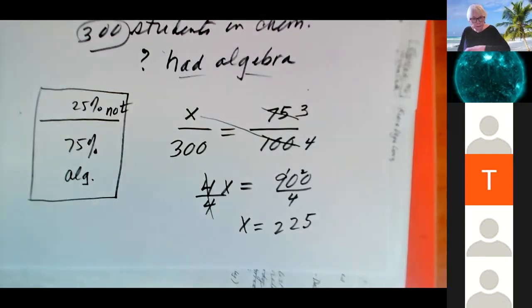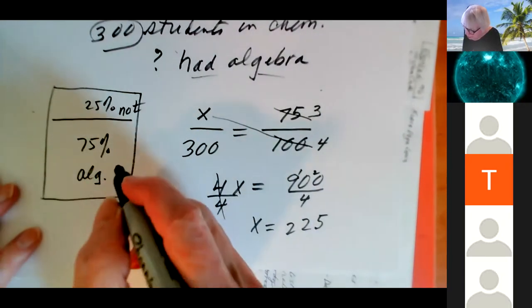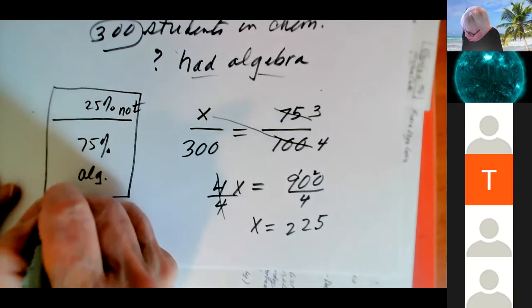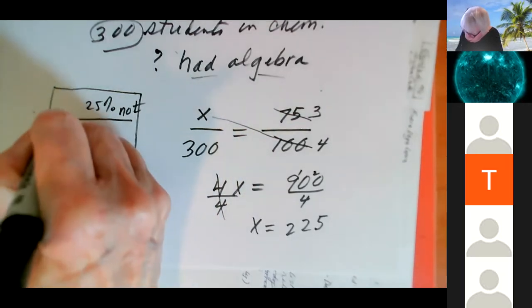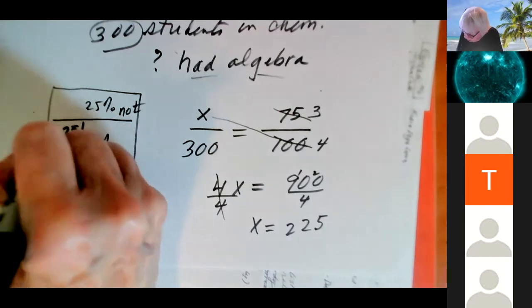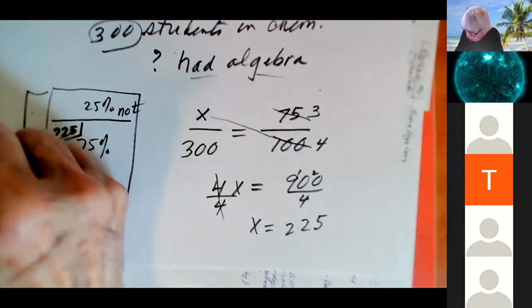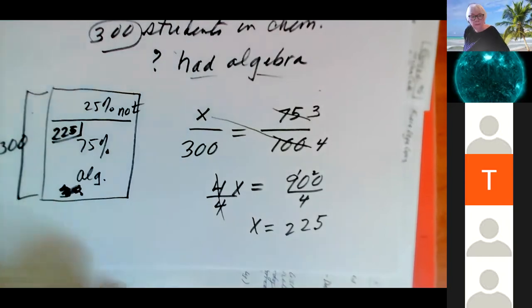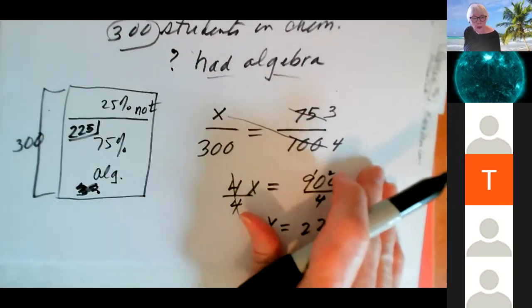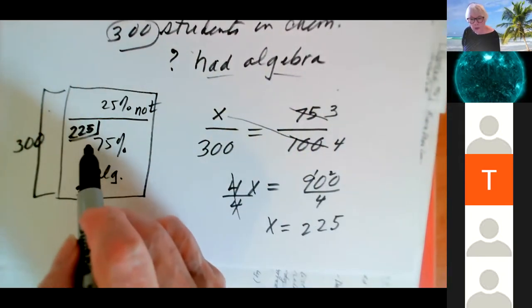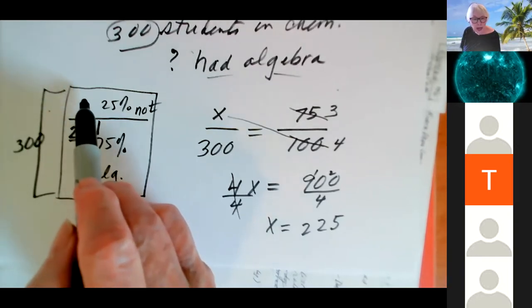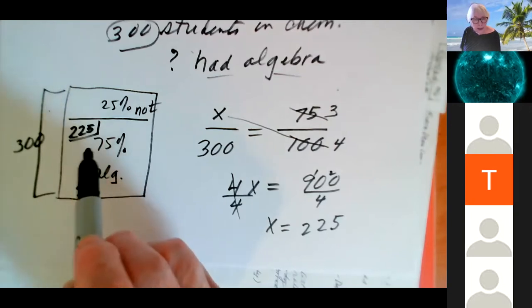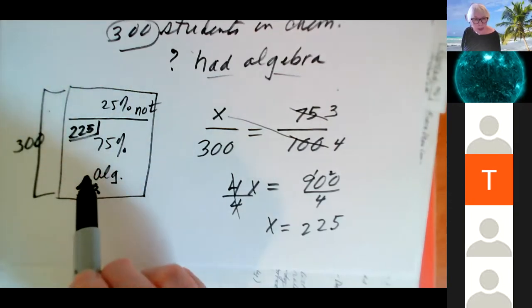That keeps my numbers down, but if you do it and make a mistake, don't do it. So what we have here is the 75% stands for 225 students. This was a total of 300. So once you visualize this picture, 225 had algebra, then if somebody asks you how many did not, you can clearly see the relationship here.